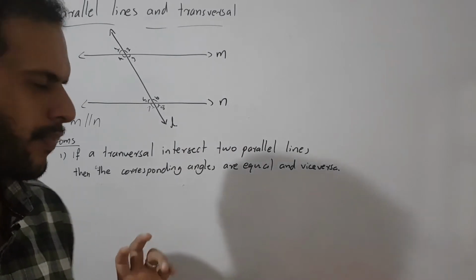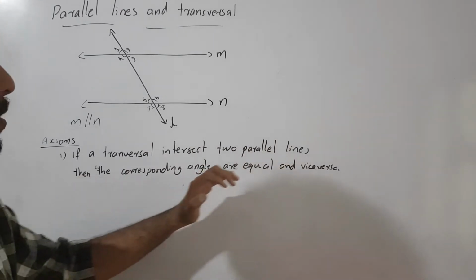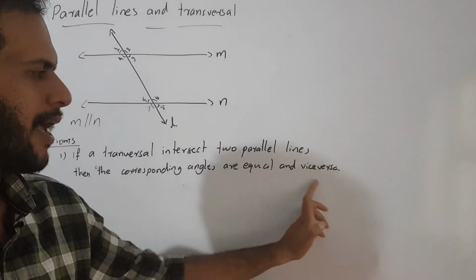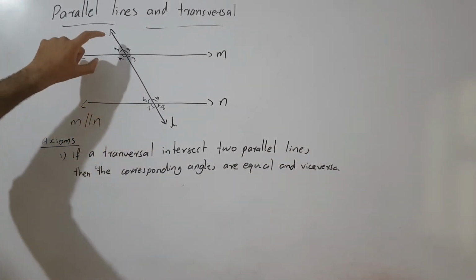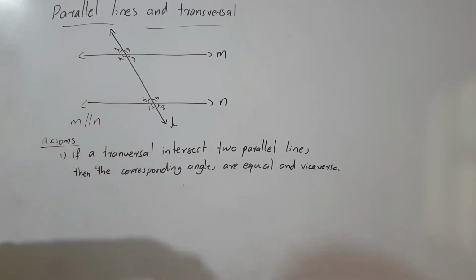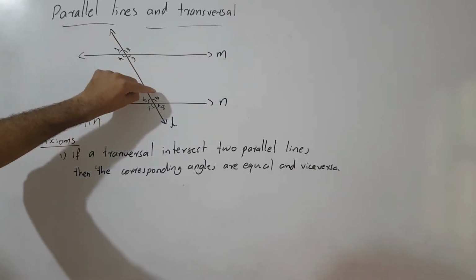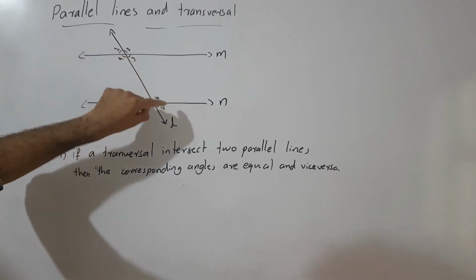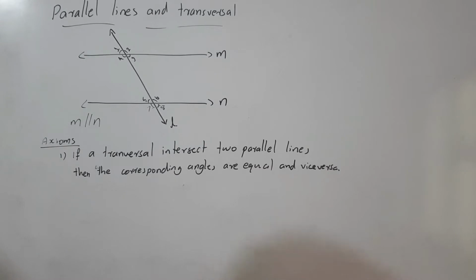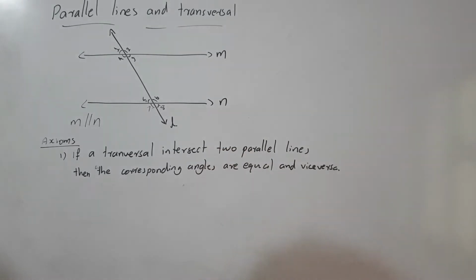In the figure, M is parallel to N, so angle 1 equals angle 5, angle 2 equals angle 6, angle 4 equals angle 7 and angle 3 equals angle 8.